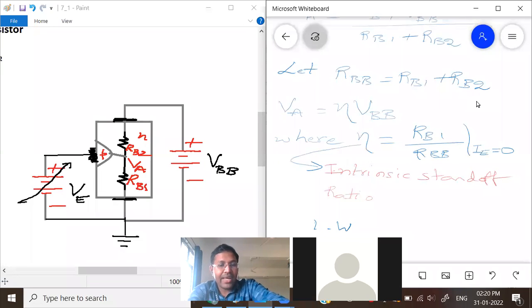Next, here we will consider the case when the input voltage VE is less than VA. We have identified VA as nothing but RB1 into VBB by RB1 plus RB2.